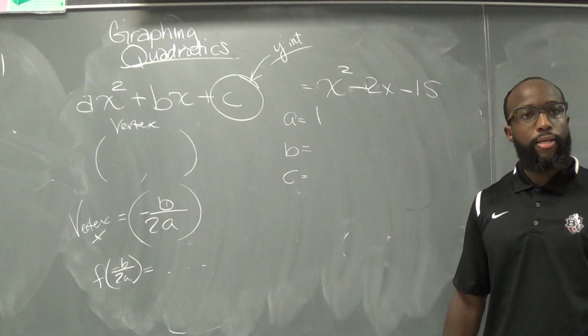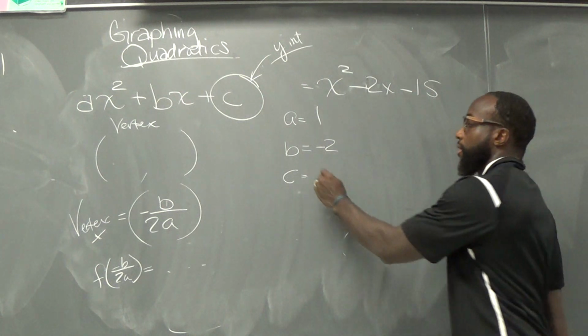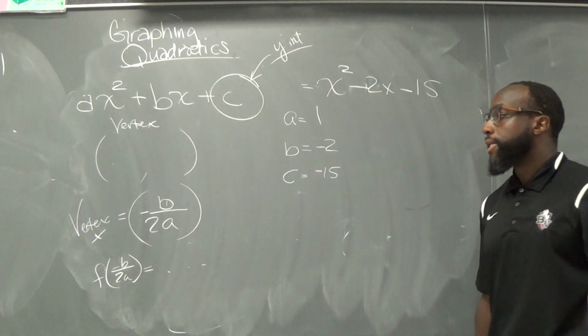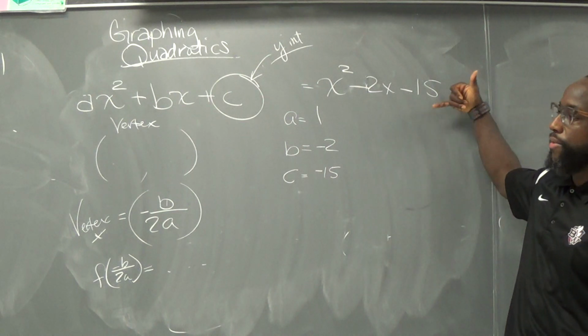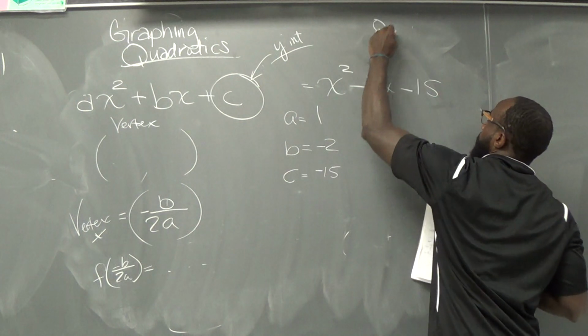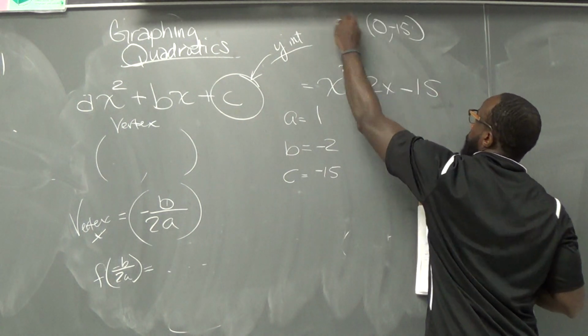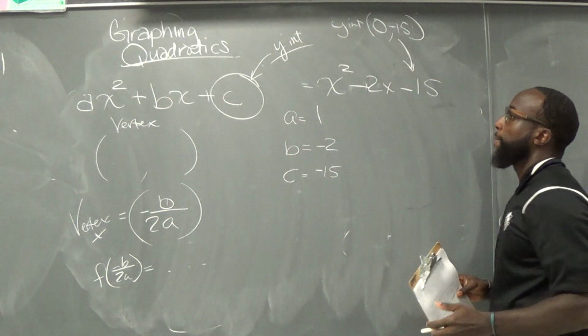B is what? Negative 2, and C is negative 15, right? These are things that you need to graph this. You need to know what the y-intercept is. The y-intercept is negative 15. So 0, negative 15 is the y-intercept right here. It came from there.